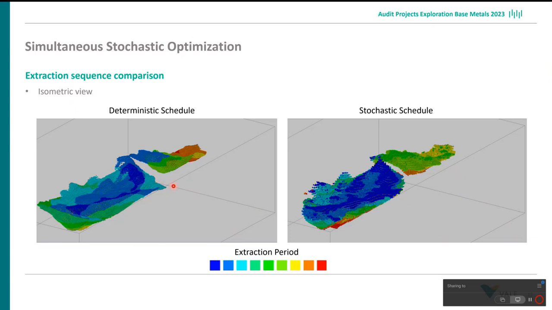But when to extract material has changed. For instance, this part here is only considered for mining in the later periods, but this one is a bit earlier, and we decided that in this area we save for later.